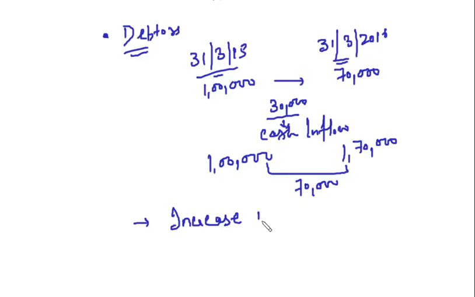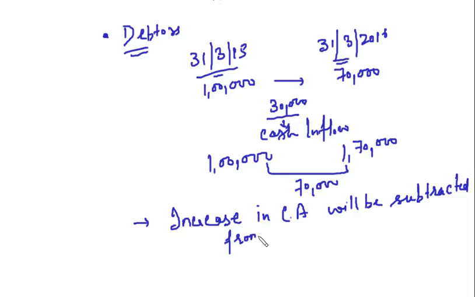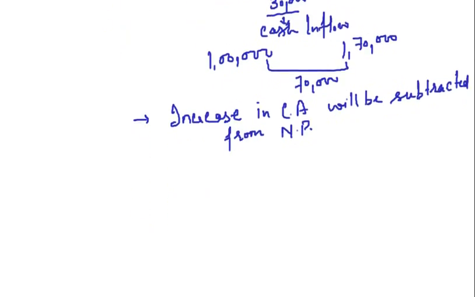So I will say increase in current assets will be subtracted from net profits. Clear? So the simple rule to remember in exam is, increase in current asset, you have to subtract, go in the reverse direction. Decrease in current asset, add back.